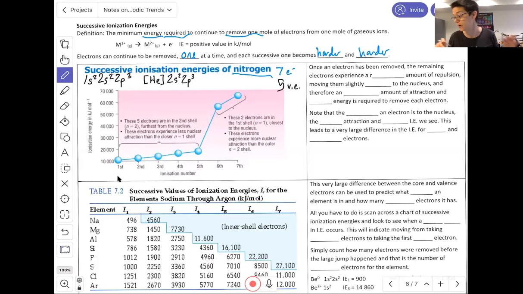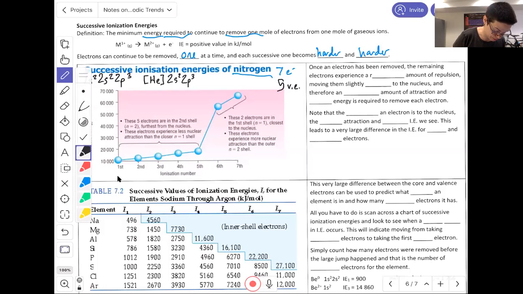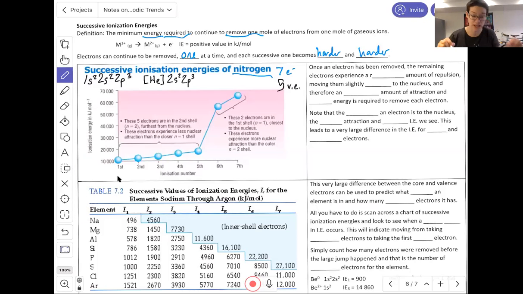The 1s, the 2s, or the 2p? 2p. It's going to come from the outside. So I'm always going to pull electrons off from the outside and work my way in. So my first ionization energy is going to come from removing a p electron.